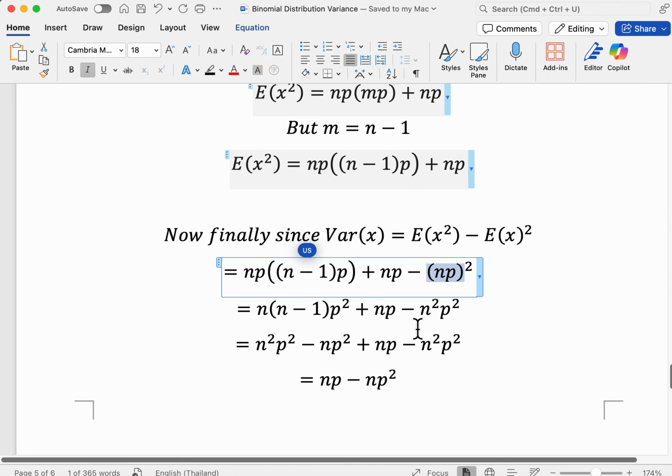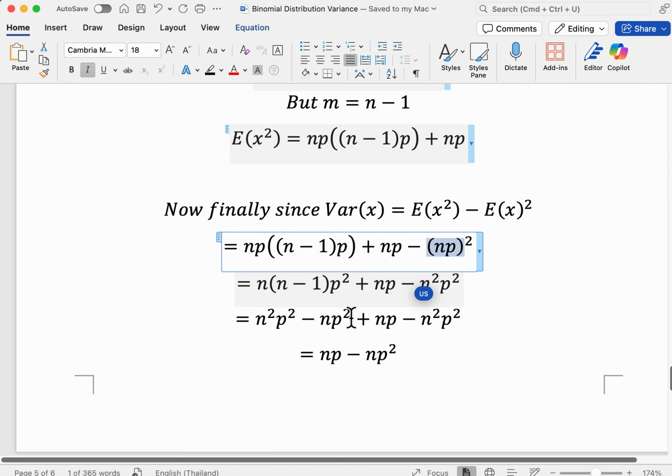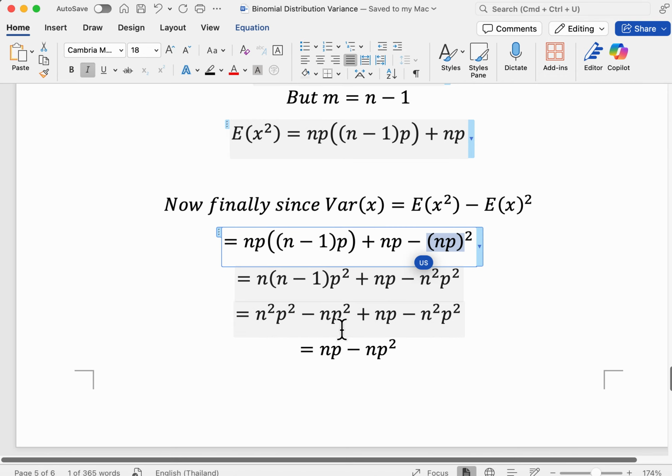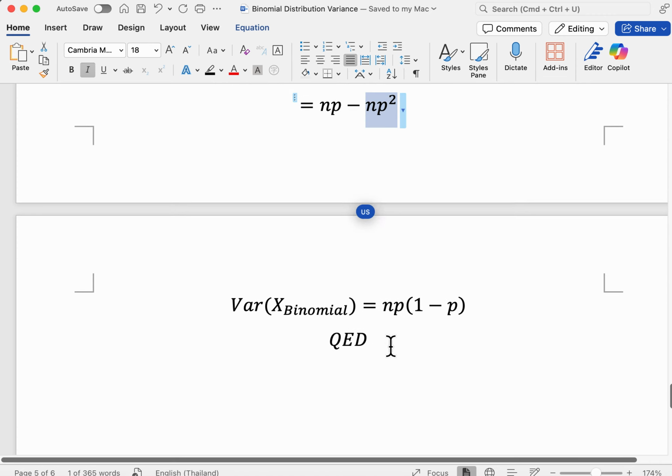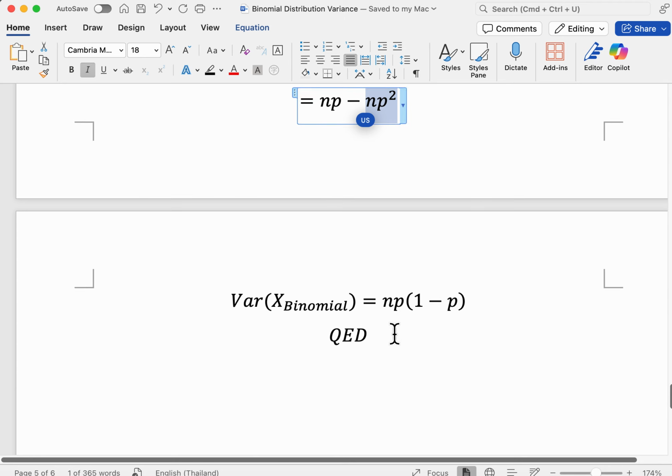Do some algebra from there. Be very careful, you can easily make mistakes. And you're going to get np minus np squared. Factor that out. Boom. We get the result we wanted: the variance of a binomial distribution is np times (1 minus p), where p is the probability of success and 1 minus p is the probability of failure for the random variable of your trial in question.